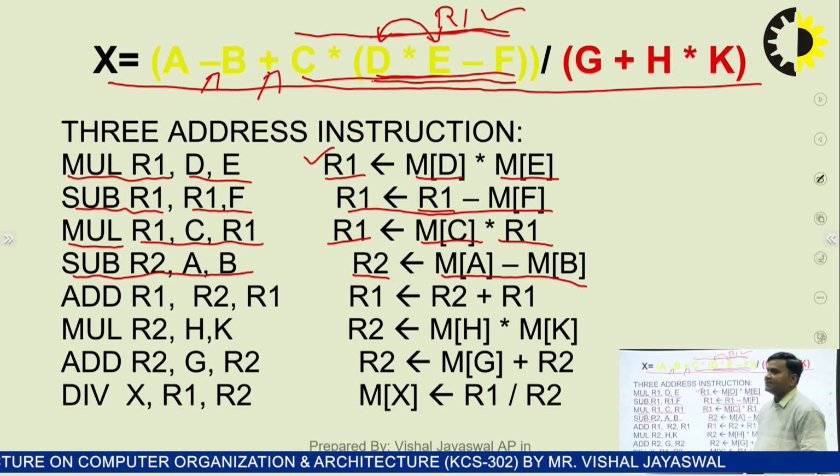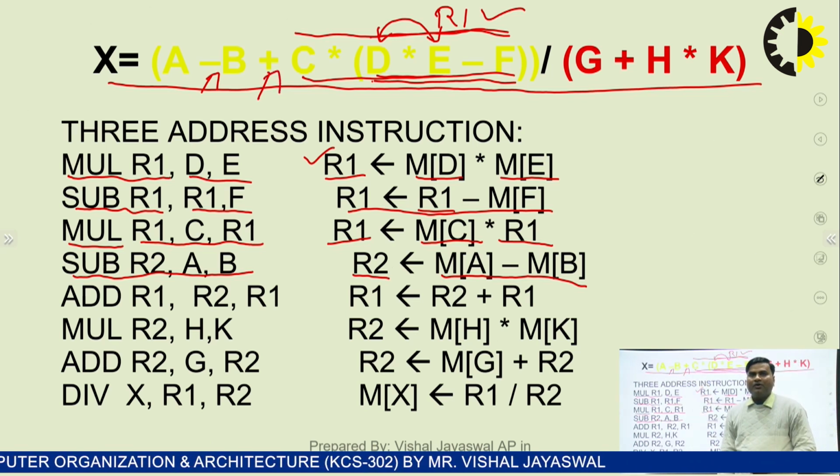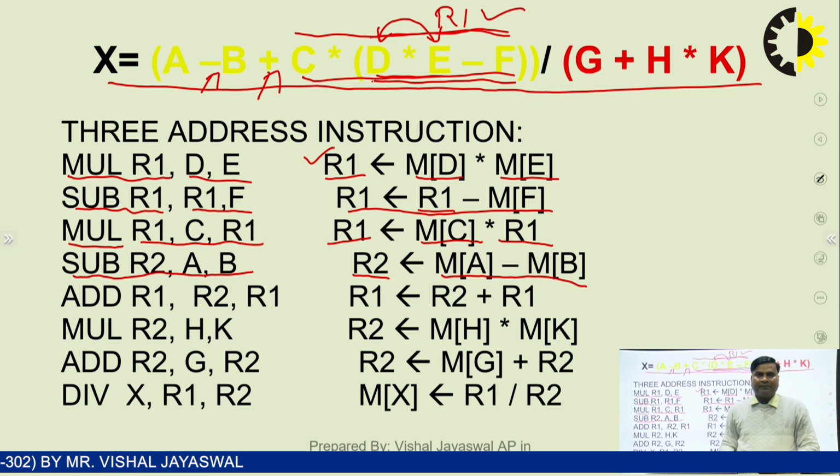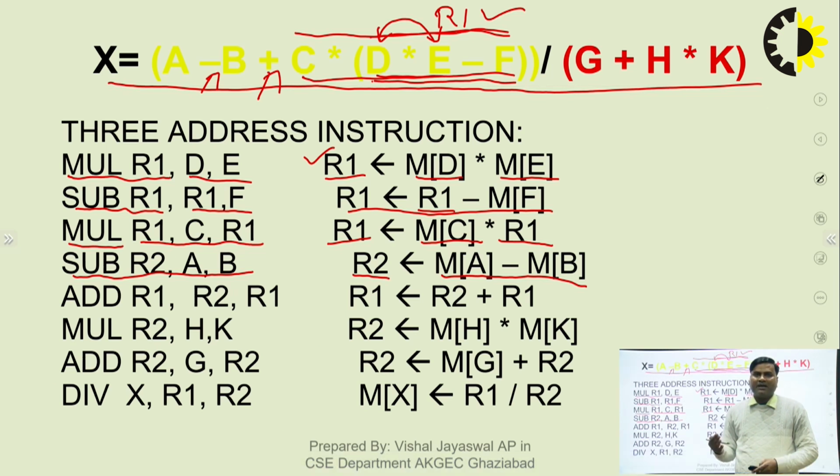The priority of the plus and minus signs is the same, but they hold the property of left to right associativity.